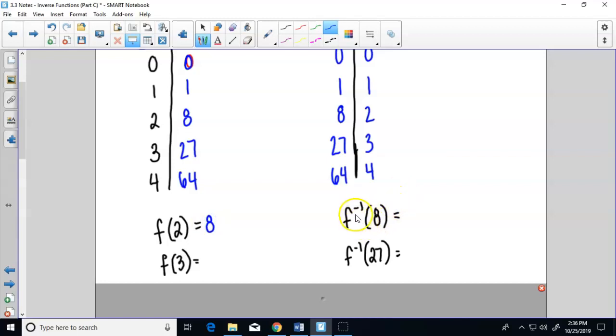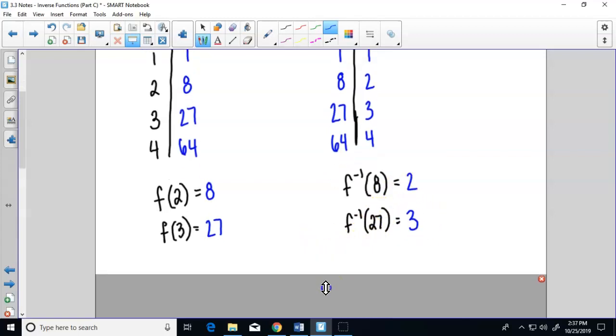And if I find f inverse of 8, I get 2. And if I find f of 3, I get 27. And if I find f inverse of 27, I get 3. So the function and the inverse undo each other. When you plug in a, you get b. When you plug b into the inverse, it takes you back to a.